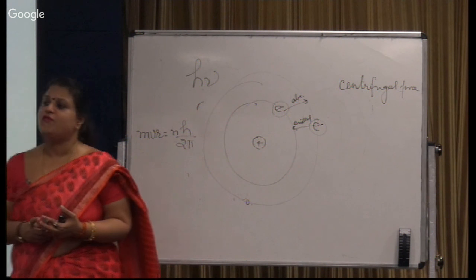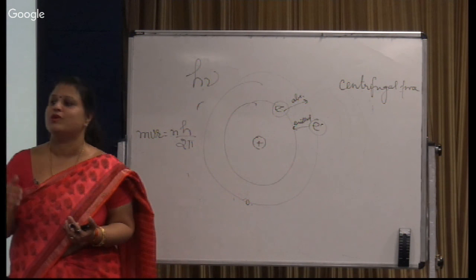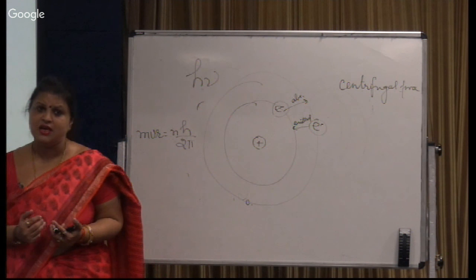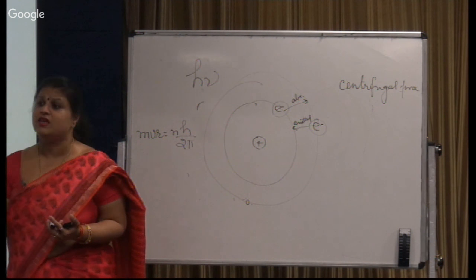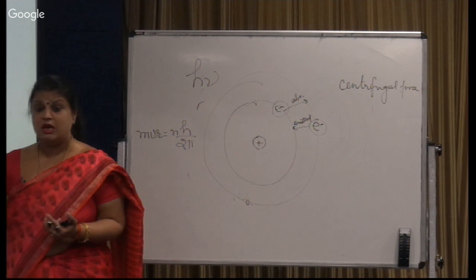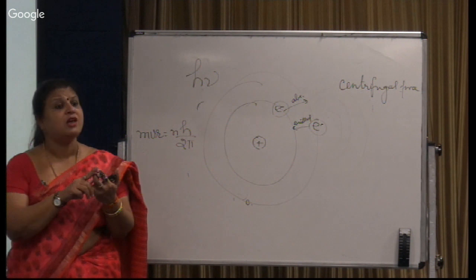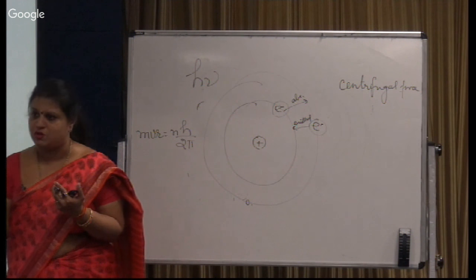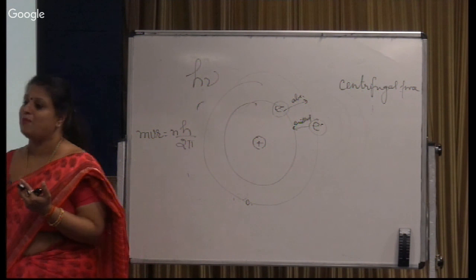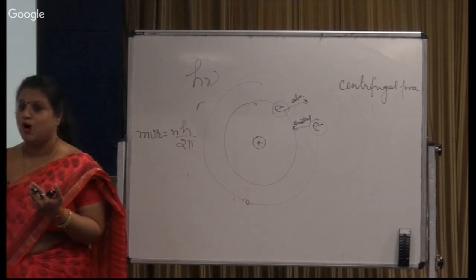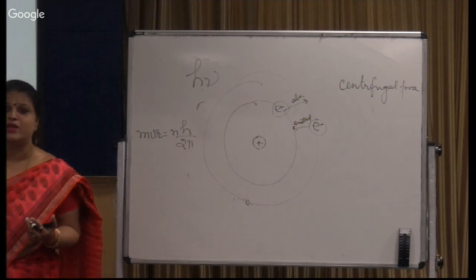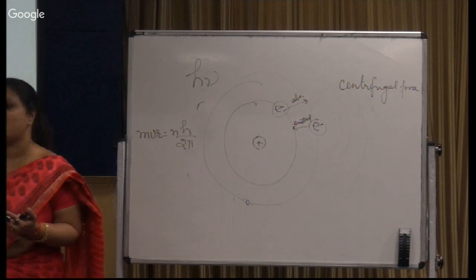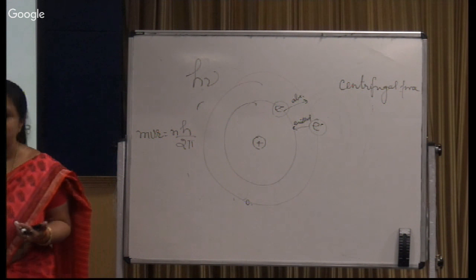With the help of all these postulates, he was able to explain the stability. He was also able to explain the atomic spectra of hydrogen. Please mind that Bohr's model was valid for one-electron species, maybe hydrogen, maybe helium plus, maybe lithium 2 plus, and so on. But initially, he was able to explain only the atomic spectra for the hydrogen atom.